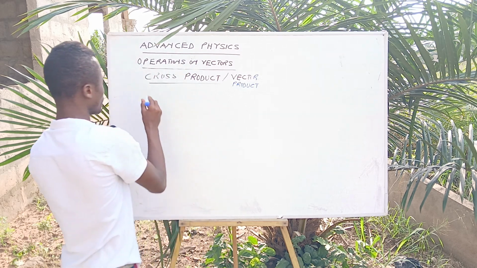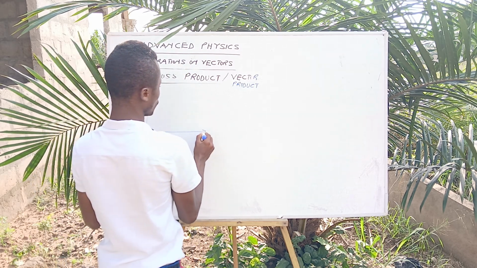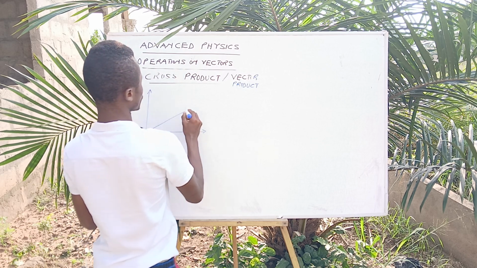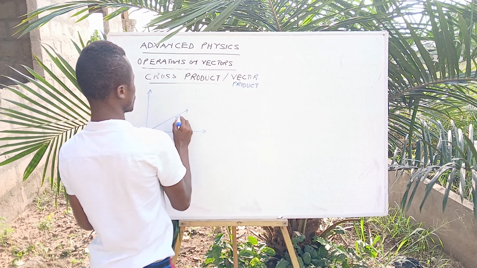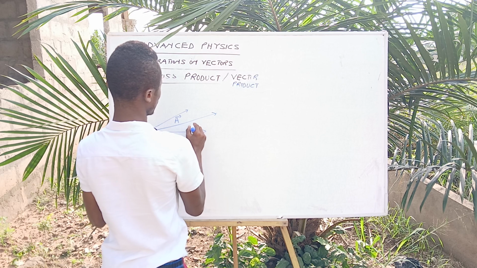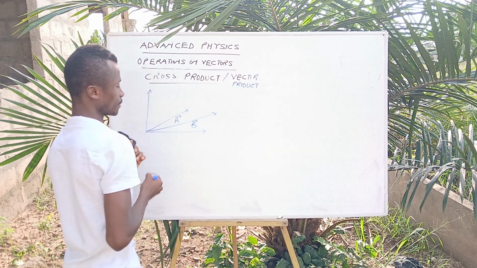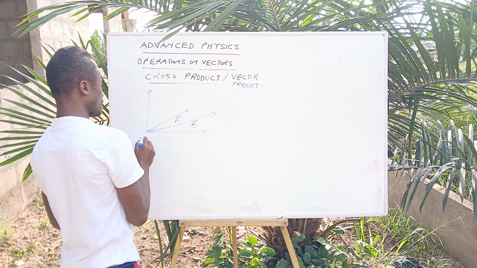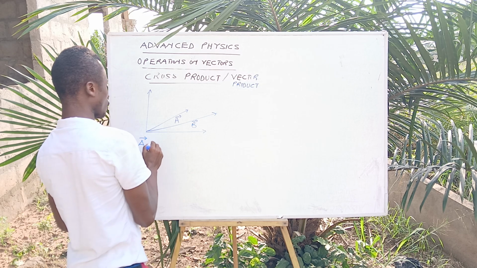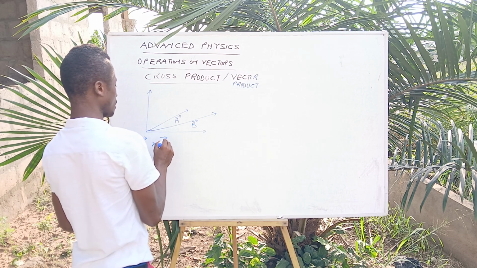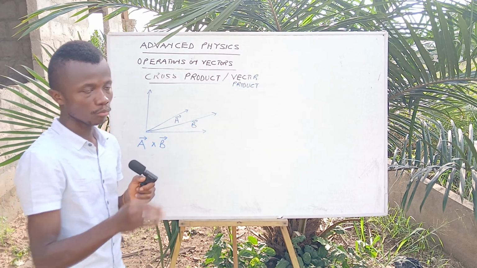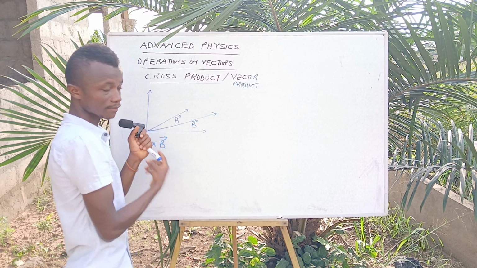In the two-dimensional plane, as usual, you have a vector A, you have another vector B. Now, the cross product is written as A cross B. So now, no more a dot, it's a cross.